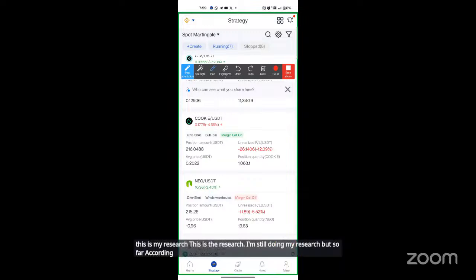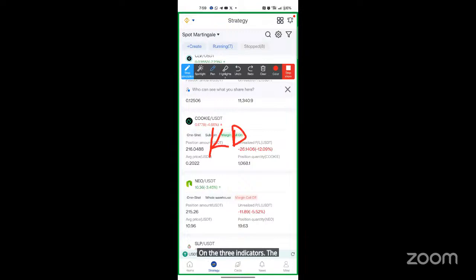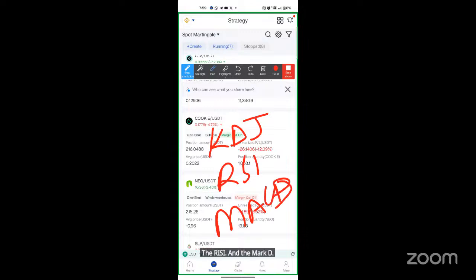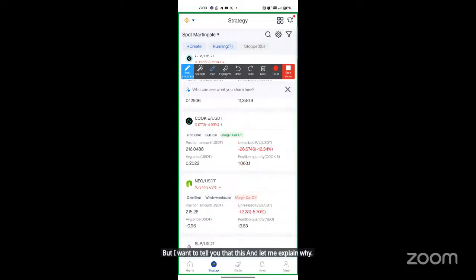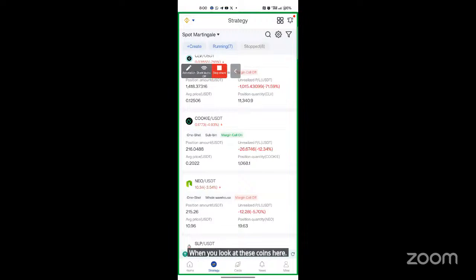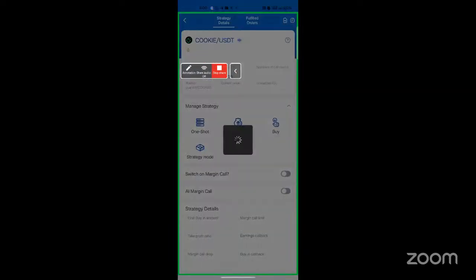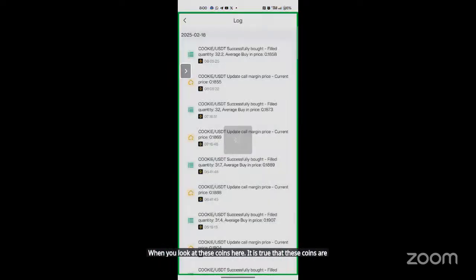But so far, according to my research, on the three indicators, the KDJ, the RSI, and the MACD, this one I have already tested, and this one I have tested, but not so much. Let me explain why. When you look at these coins here, it is true that they have been profiting.